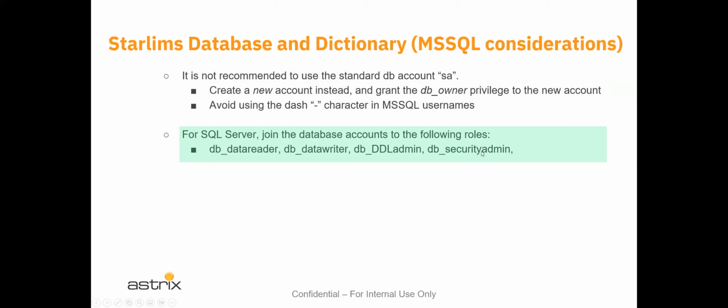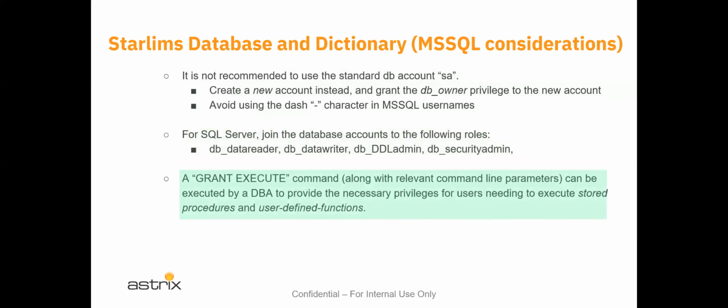You'll see these in the installation manual when you start going through the process. I've never had to go in there and honestly do all of this. So the other component is the DBA would have to have a grant execute command available to the person installing STARLIMS on the database side.